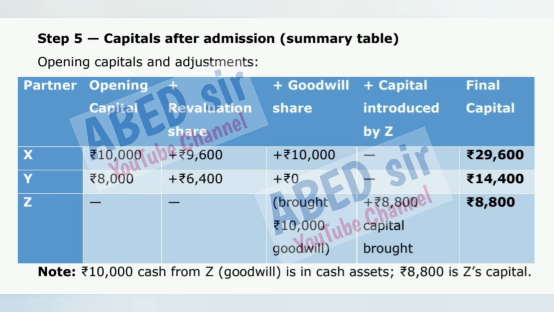Y: 8,000 rupees plus 6,400 plus 0, 14,400 rupees. Z brought 10,000 rupee goodwill plus 8,800 capital, capital 8,800 rupees. Note: 10,000 rupee cash from Z, goodwill, is in cash assets, 8,800 rupees is Z's capital.